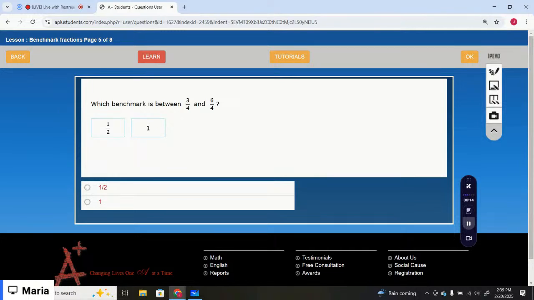If the numerator is greater than the denominator, that means the fraction is greater than 1. So the benchmark between 3 by 4 and 6 by 4 is 1.